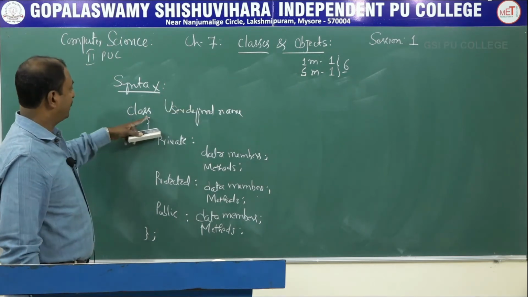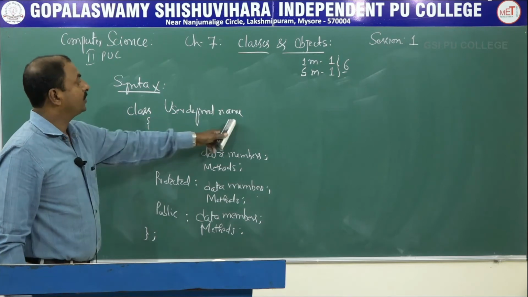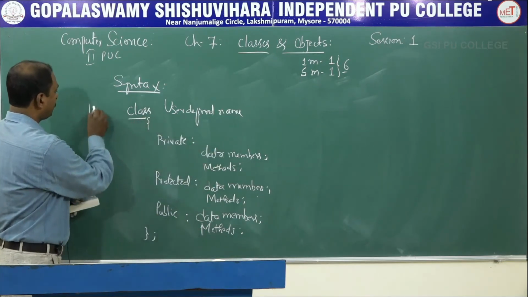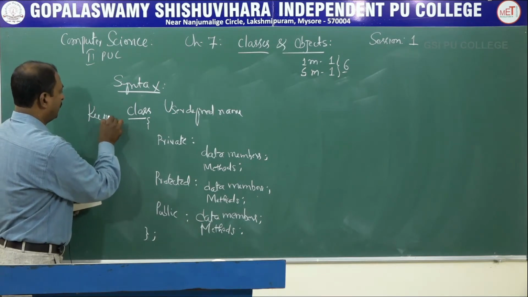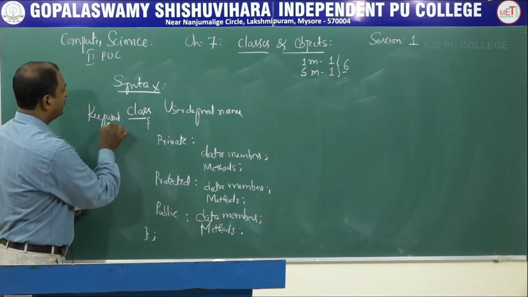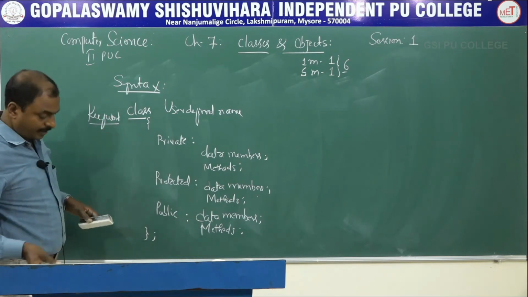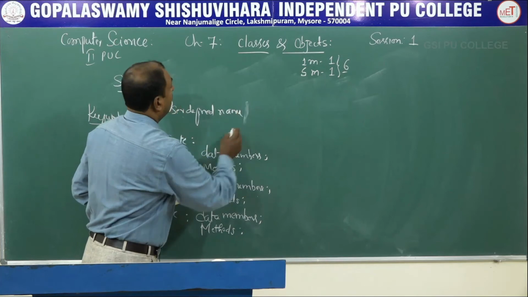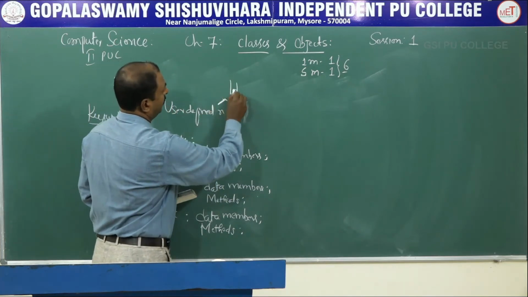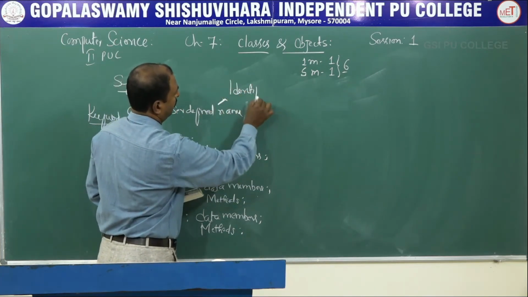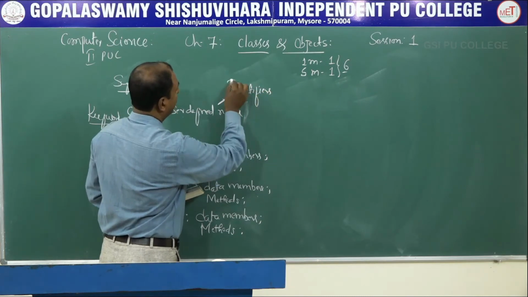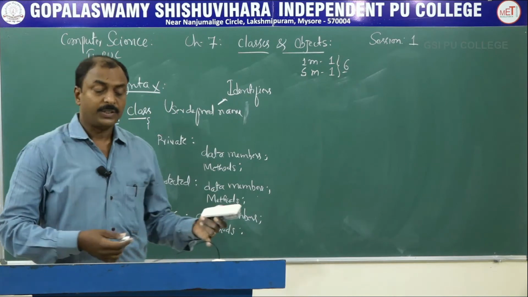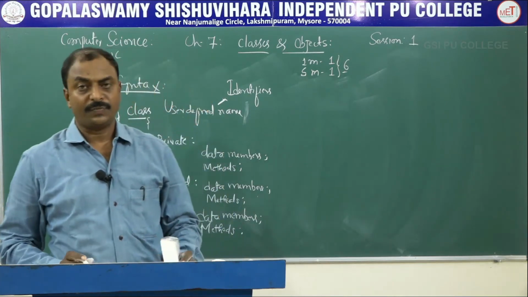Here class is a keyword, and here user defined name is nothing but an identifier. Students, you know in basics of C++ what are identifiers?